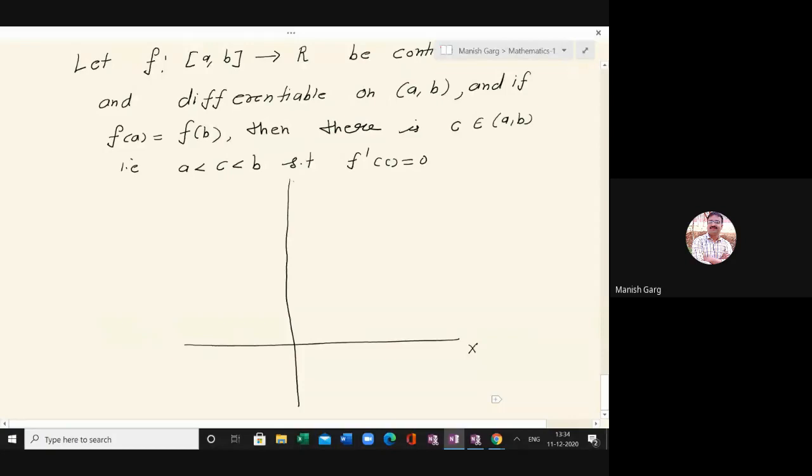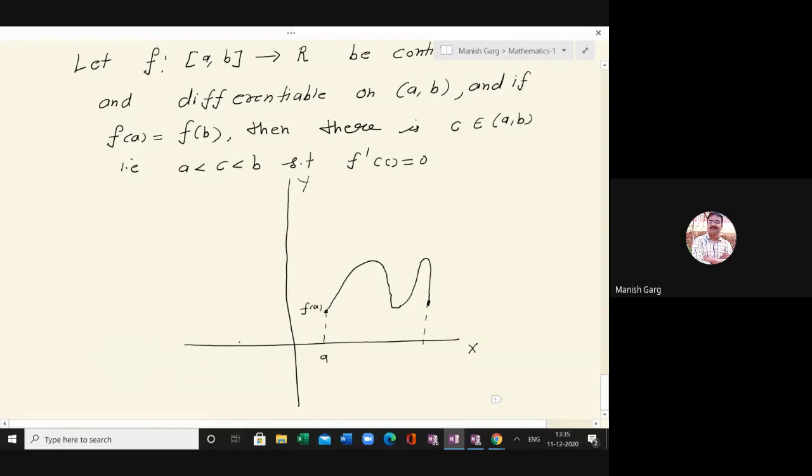Suppose you have x and y axes, and you have this graph. You can start from here also. I want to show you that f(a) is equal to f(b). Suppose this graph is starting at this point a and this point is b.